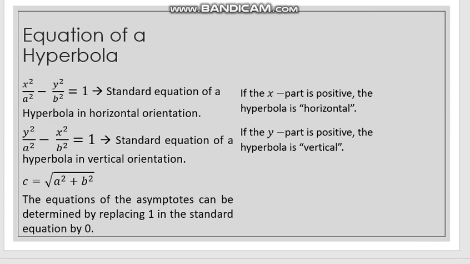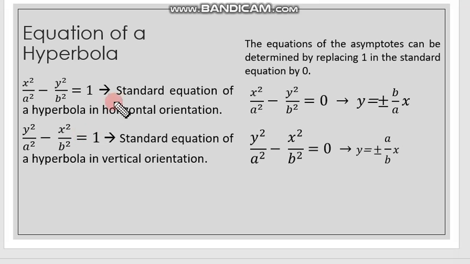So this is the standard equation of the hyperbola in horizontal orientation. We will just replace 1 with 0 and equate it, so we can determine the equation of the asymptotes. Asymptote lines. So these are just lines, the asymptotes.